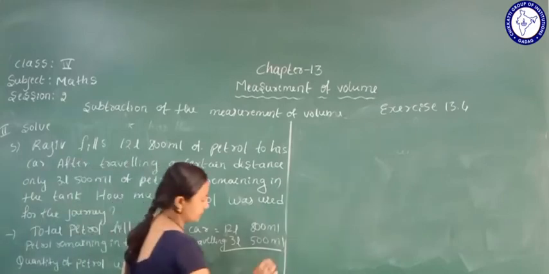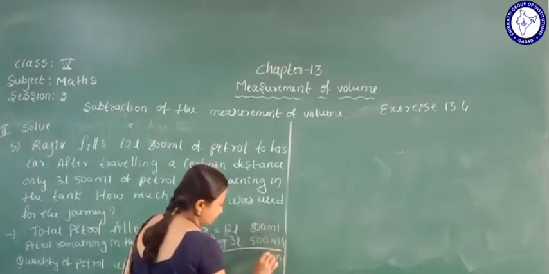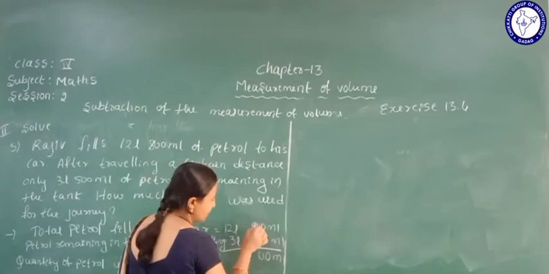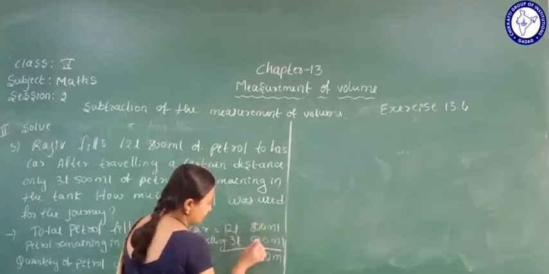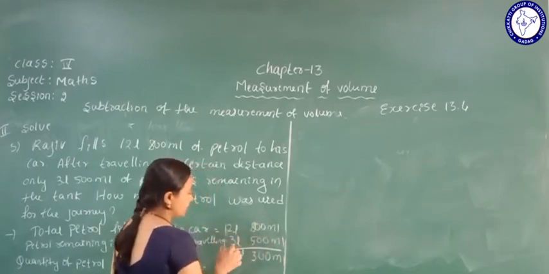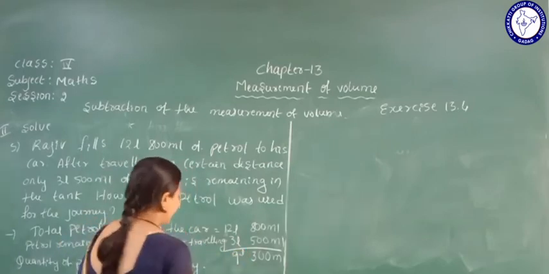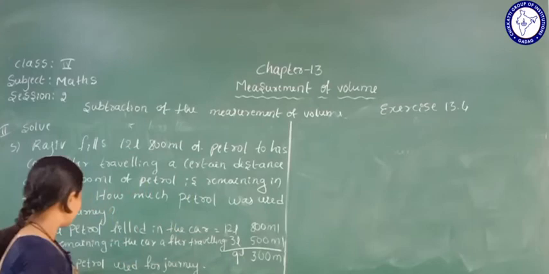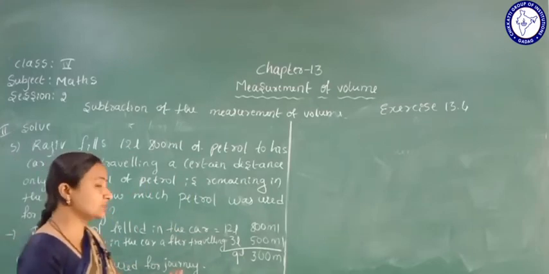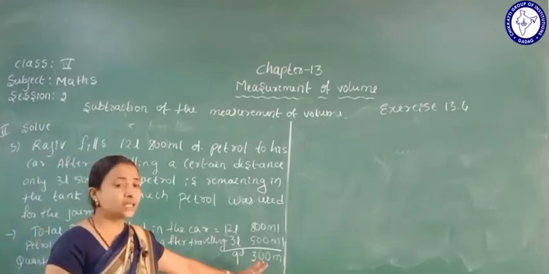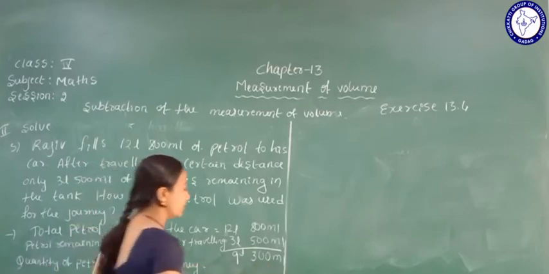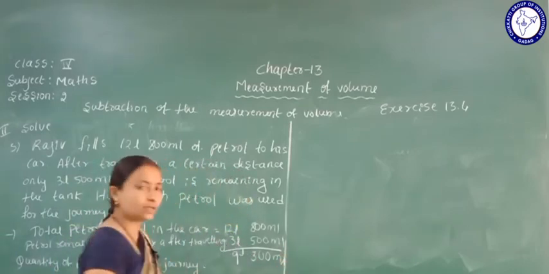Yes, we'll calculate now. 0 minus 0, 0. 0 minus 0, 0. 8 minus 5, 3. So liter, 12 minus 3 is 9. So we get the answer: the quantity of petrol used for the journey is 9 liter 300 ml. Okay, understood this one?